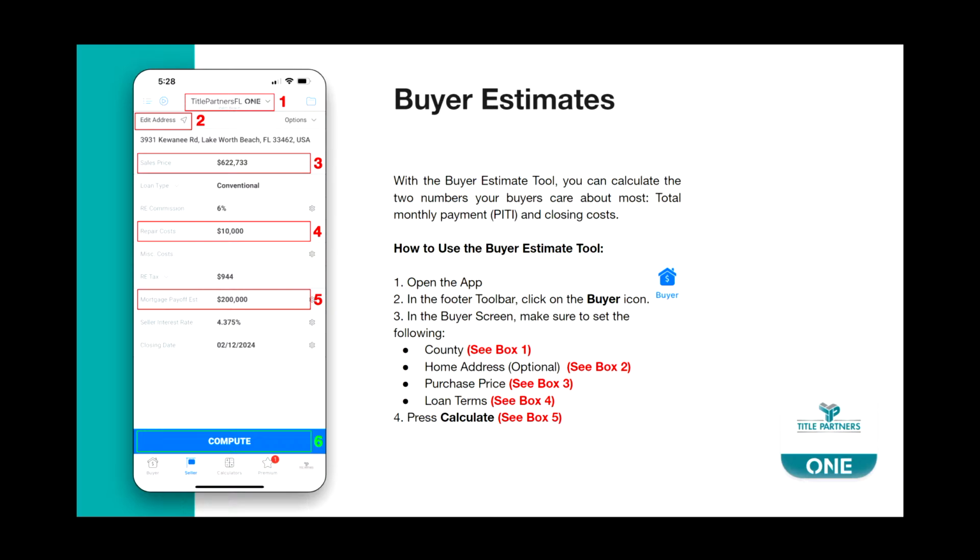So here, it's the breakdown. You'll have your sales price, your repair cost, if there are things that you saw during the first showing that your client already wants to include a credit for, you could put a repair cost here. And if this is being financed, you could put what the loan amount is going to be.